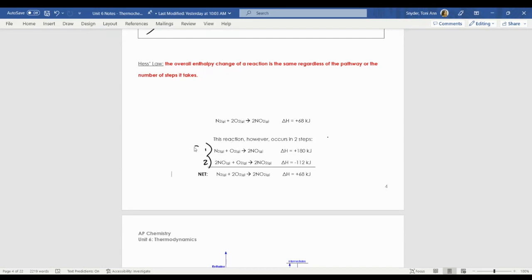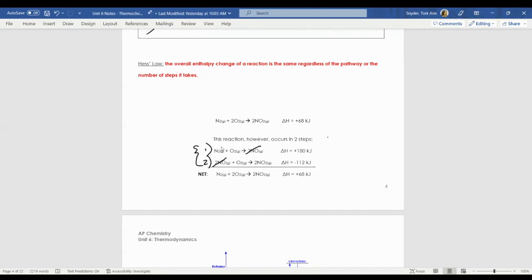If I find the sum of these two reactions, kind of like what you did with net ionic equations, canceling stuff out, I compare these two. Looks like I have N2 and O2 on my reactant side, and none over here, so that's fine. I have an O2 in my reactants here, and I don't have any O2s to cancel there. I have two NOs that are a product of one reaction but a reactant in the second reaction, so those cancel out.